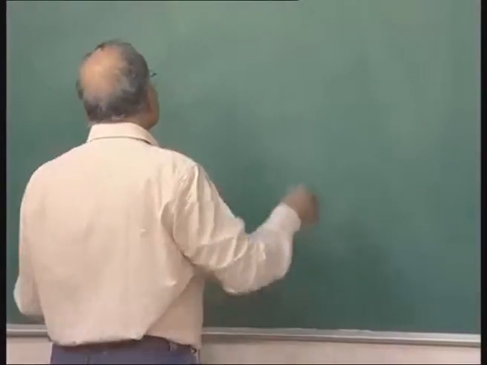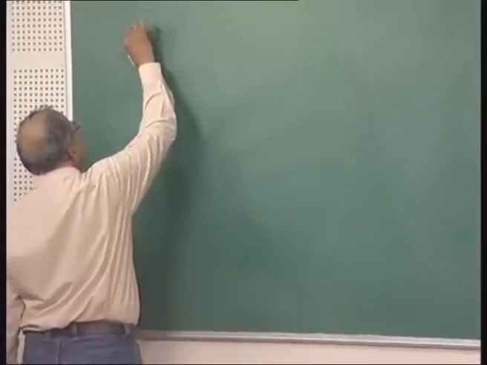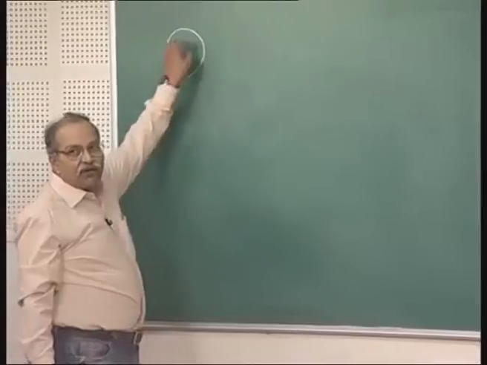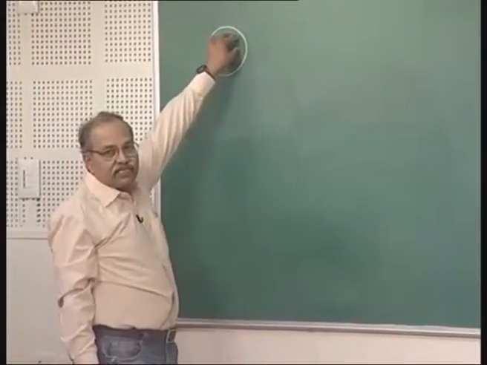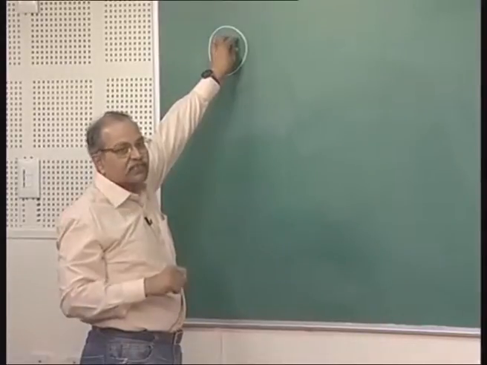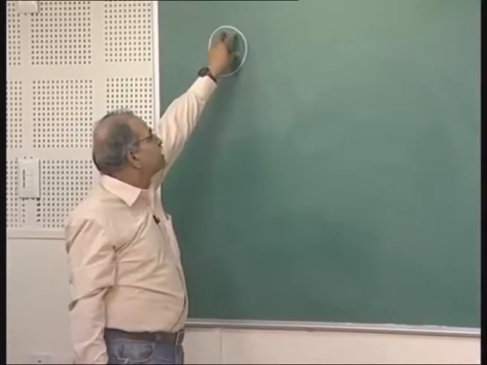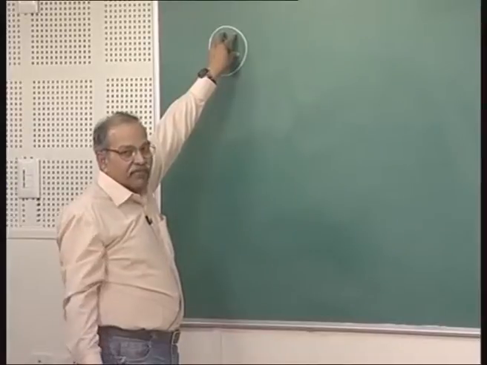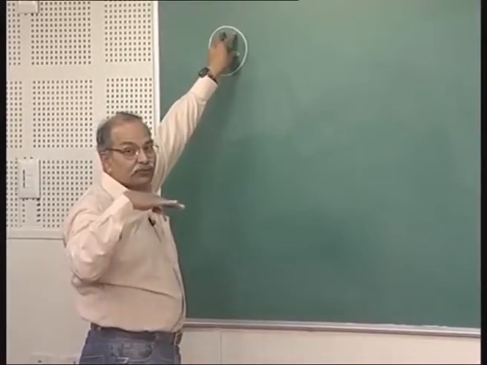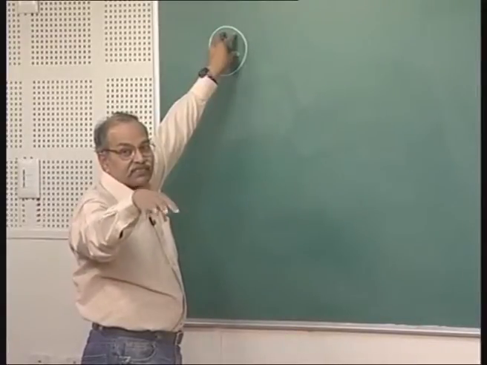So, the idea was to start with this spherical or nearly spherical nucleus, and then because of some energy deposition, if it starts deforming and finally breaks, it has to go through those intermediate processes.